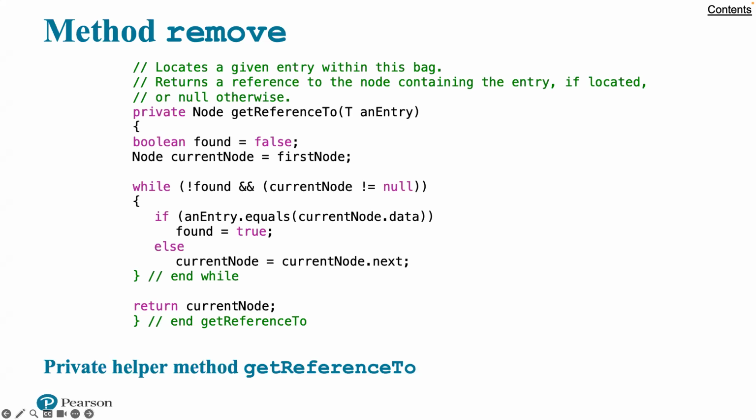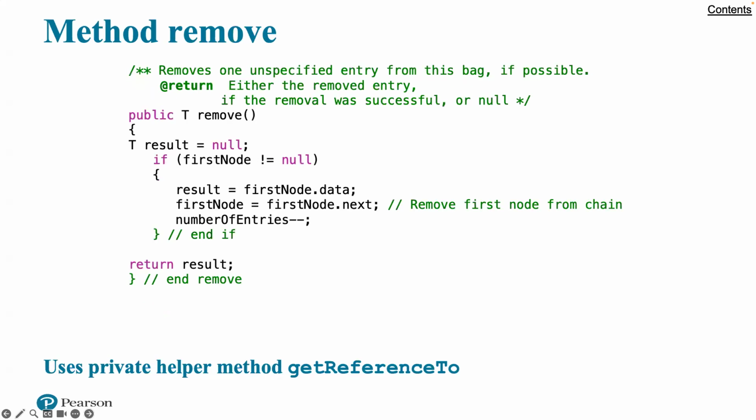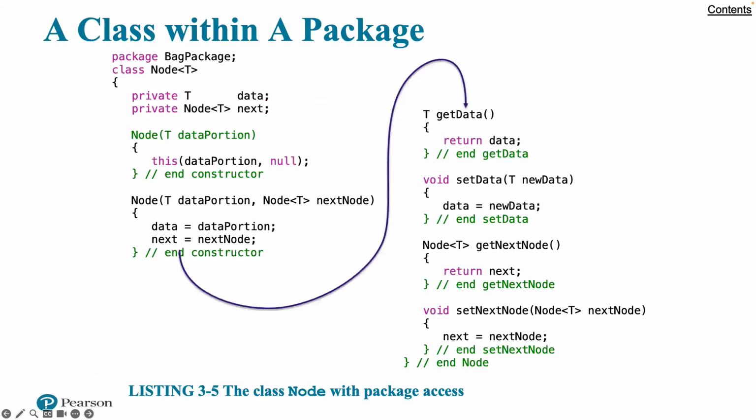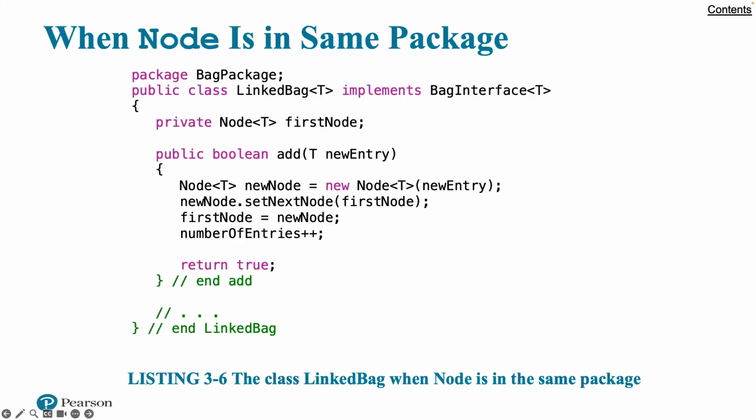We have the method for remove. This is a more involved version of the class Node, and so we're adding some more details. This is something that we'll talk about in the video notes as well.